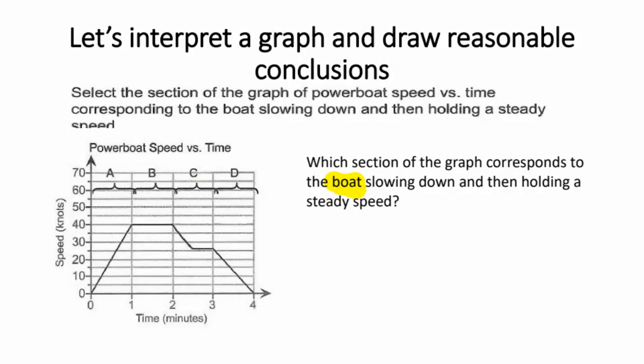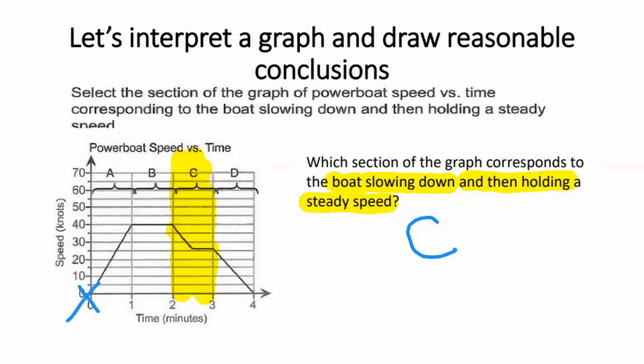Which section of the graph corresponds to the boat slowing down and then holding steady? Well, notice right here, he's slowing down and he's holding steady. It is in this piece that they're talking about, which is C.